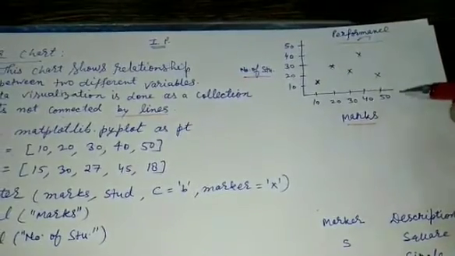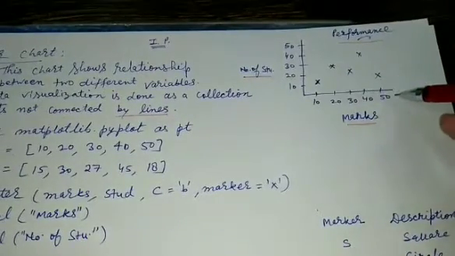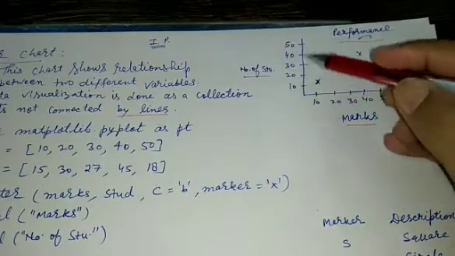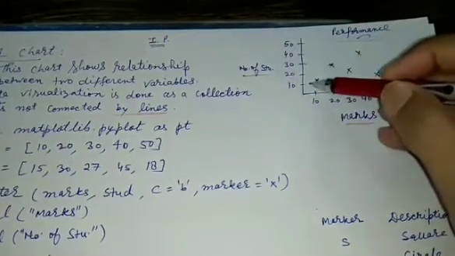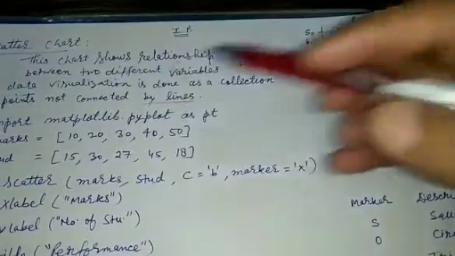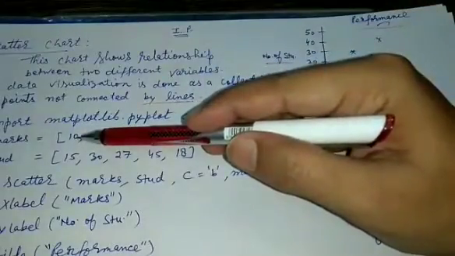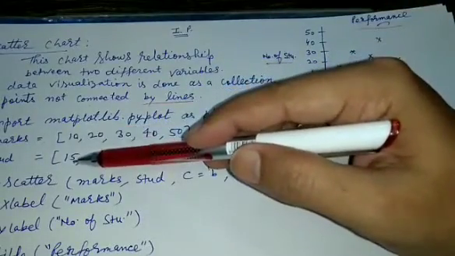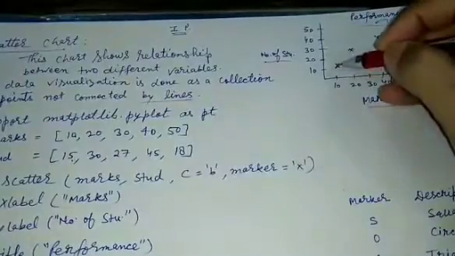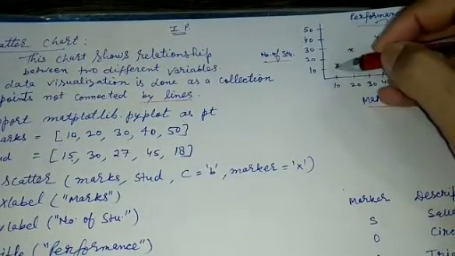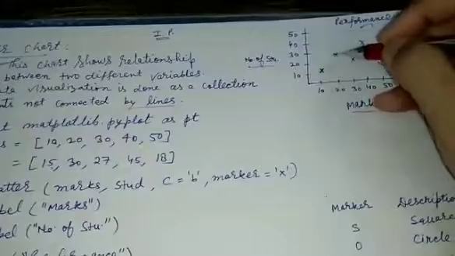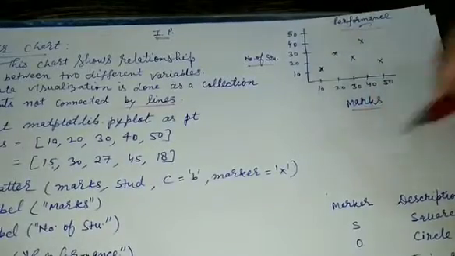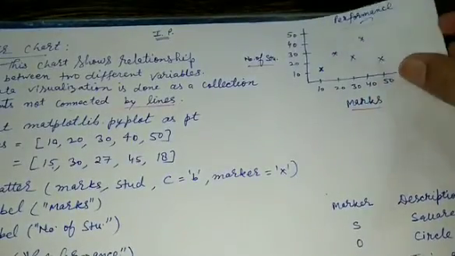This is a scatter chart having marks on the x-axis, number of students on the y-axis. You can see that when x-axis is 10, y-axis is 15. So 10 and 15, this is the data point, and similarly other data points. This is the scatter chart. I think you understand it very well.